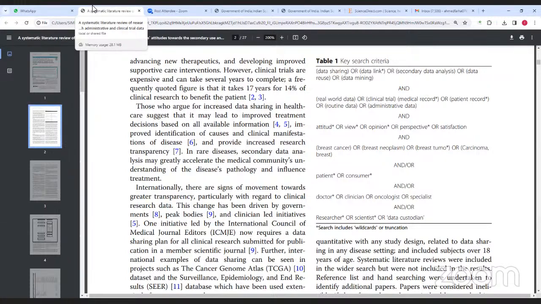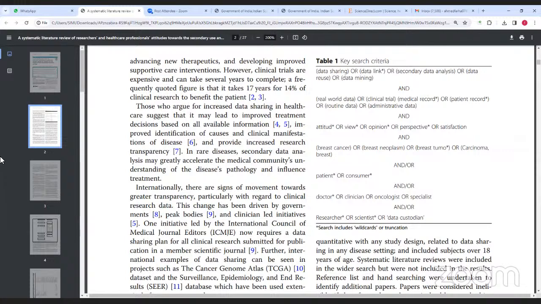Internationally, there are signs of movement towards greater transparency, particularly with regard to clinical research data. This change has been driven by governments, peak bodies, and clinician-led initiatives. One initiative led by the International Council of Medical Journal Editors now requires a data sharing plan for all clinical research submitted for publication in a member scientific journal.